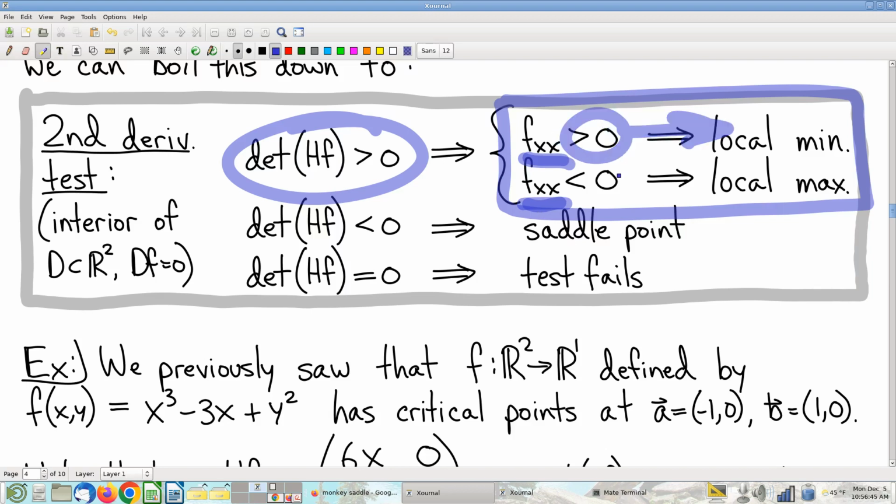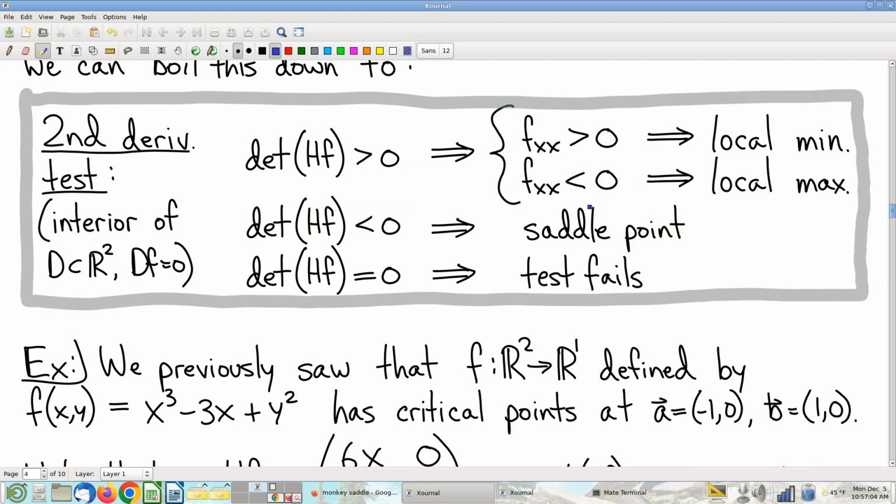Positive means min, negative means max, just like in single variable calculus. Very familiar, so that's great news. I emphasize, though, this is only if the Hessian determinant is positive. That's a big deal.